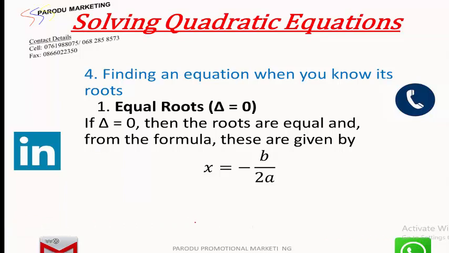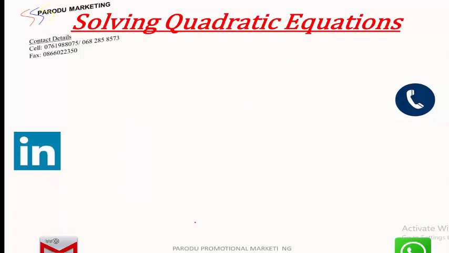Always note that there are 3 cases when you know the roots. The roots could be equal roots, or unequal roots. When you have unequal roots, that's where the discriminant is greater than 0, right?